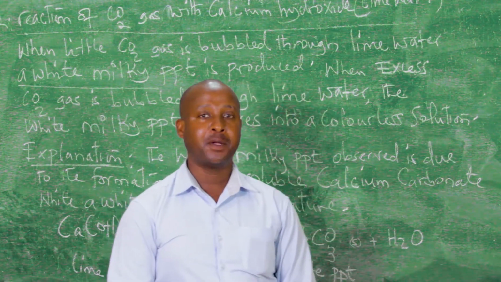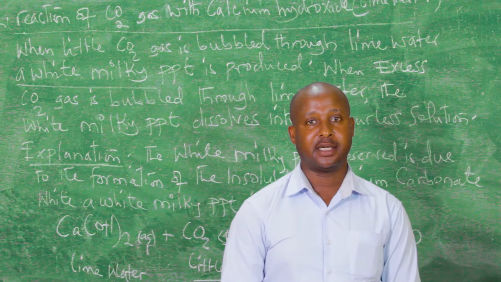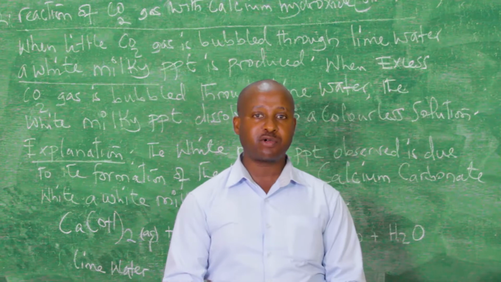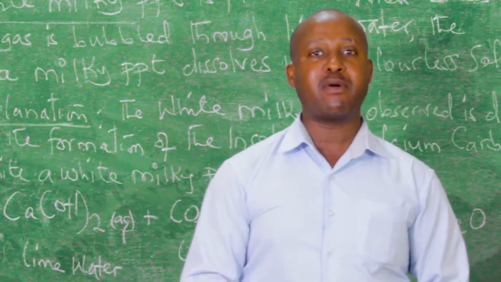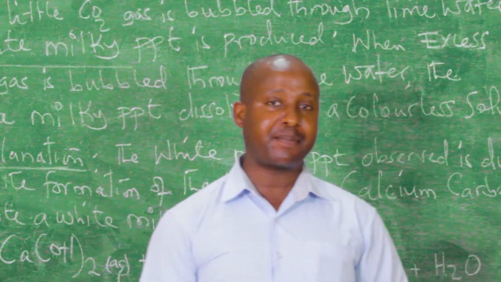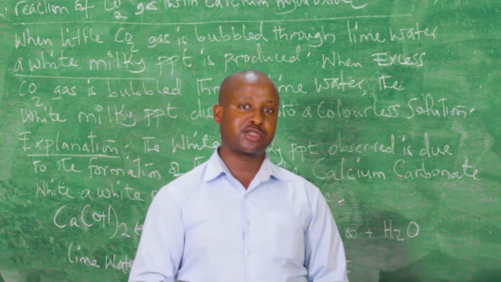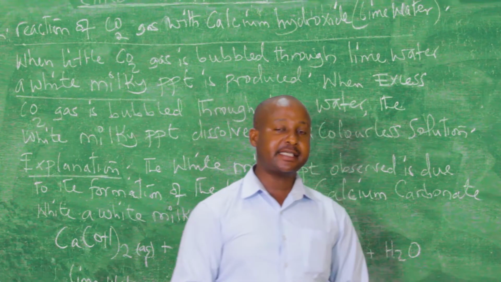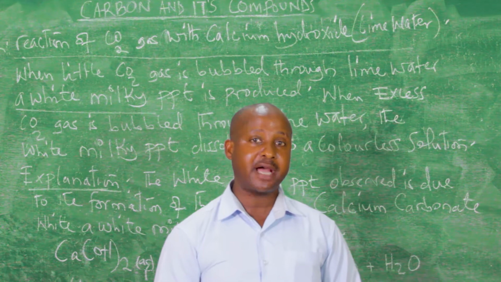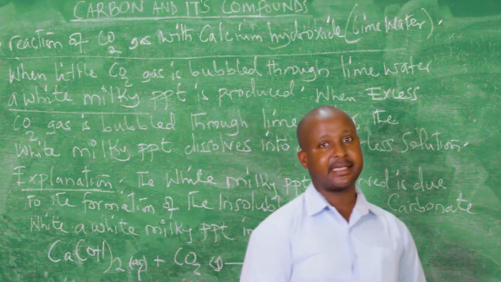Then when excess carbon dioxide gas is bubbled through lime water, the white milky precipitate dissolves into a colorless solution, and this is due to the formation of calcium hydrogen carbonate, which is soluble and colorless in nature.